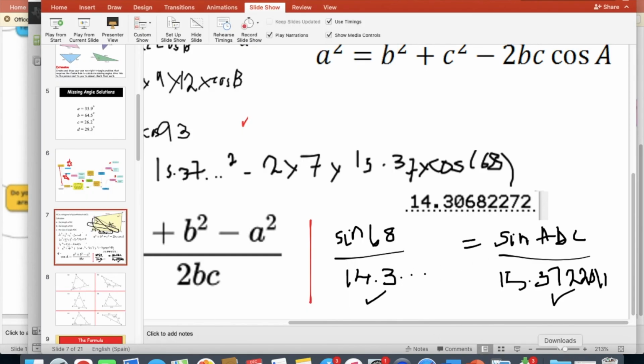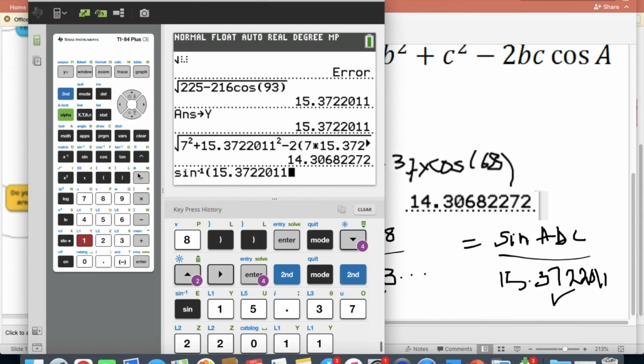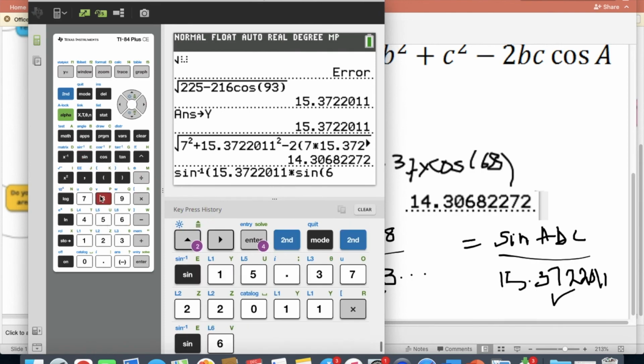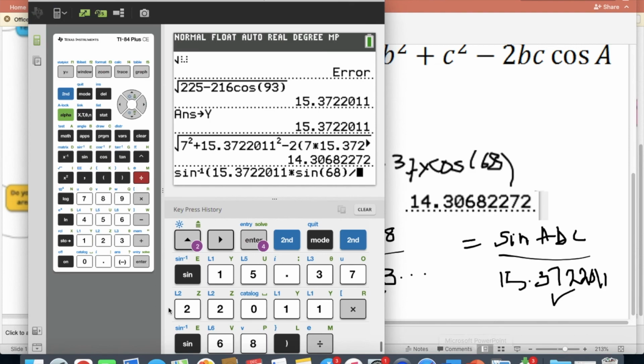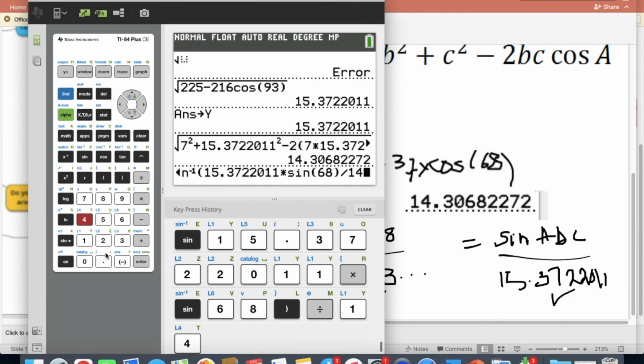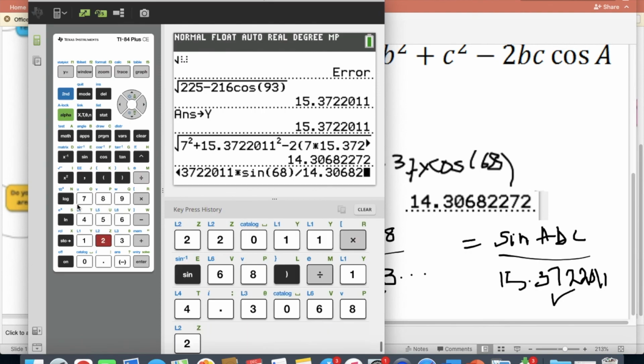So then we're going to times by sine 68. And then last but not least, we're going to divide by the final number, which is 14.306, keeping as many decimal places as we can, and then only rounding in the very last part of the question.